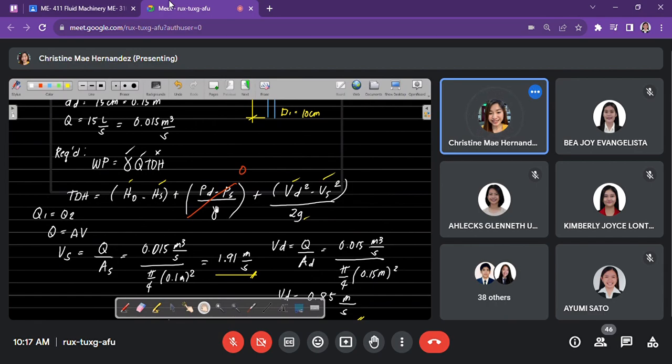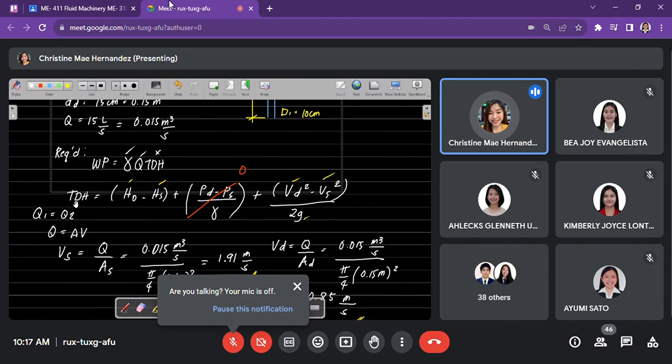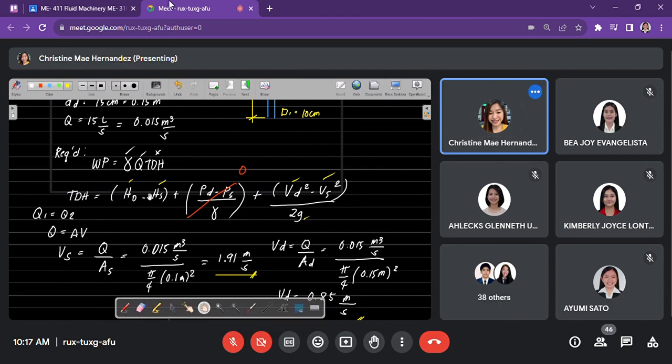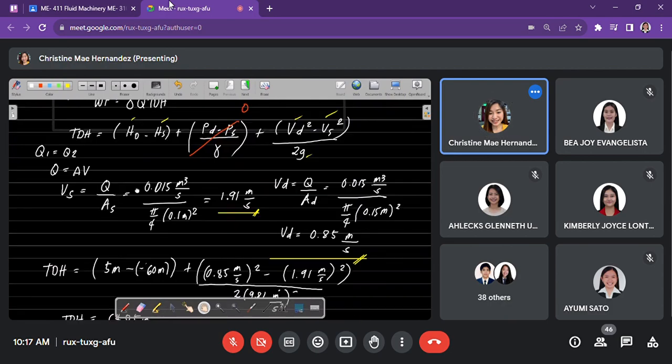Pressure head, neglecting since walang sinabing pressure, meaning wala tayong change in pressure. Yan yung ating velocity head, computed na din yon. So, na-compute natin yung total dynamic head, then pwede na natin siyang substitute sa mother formula.